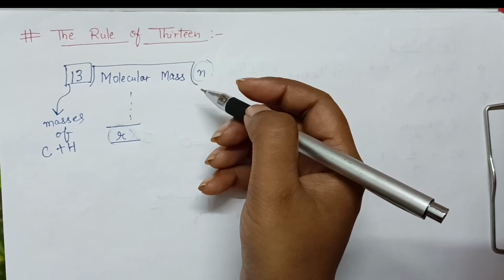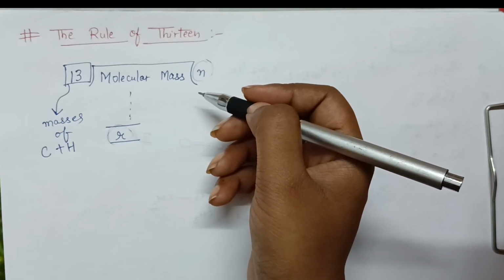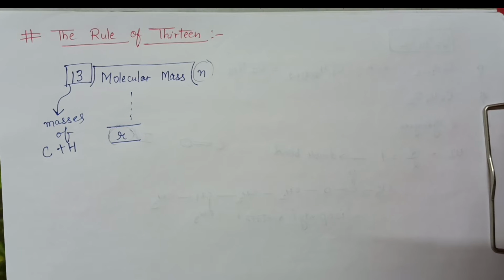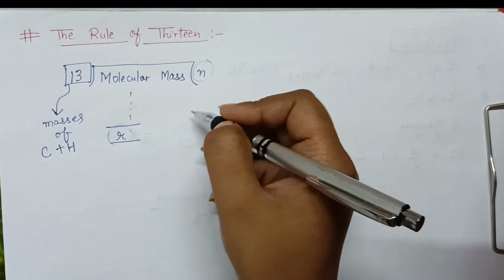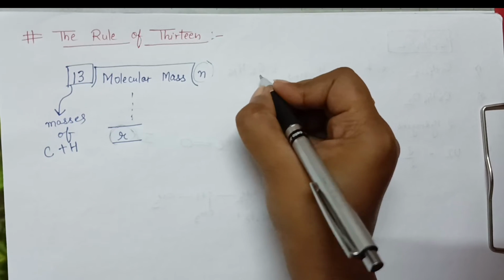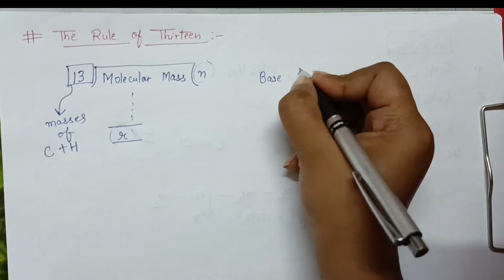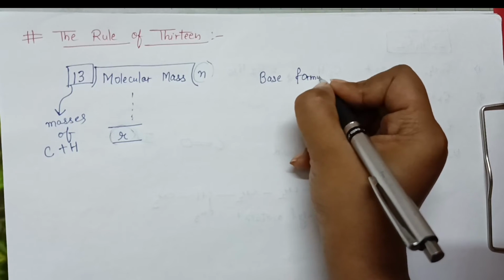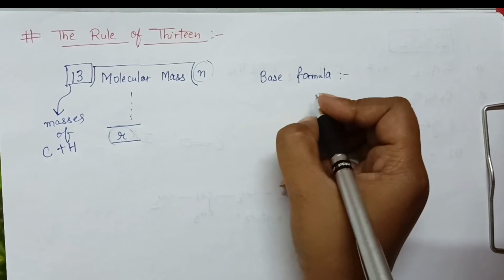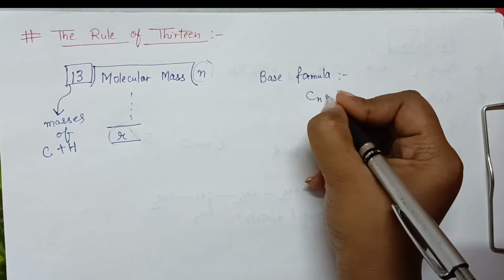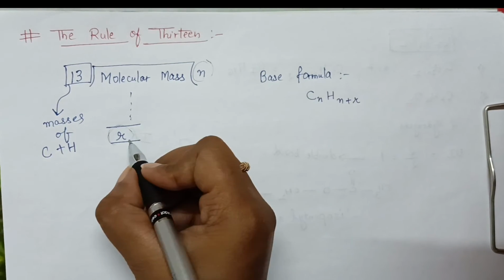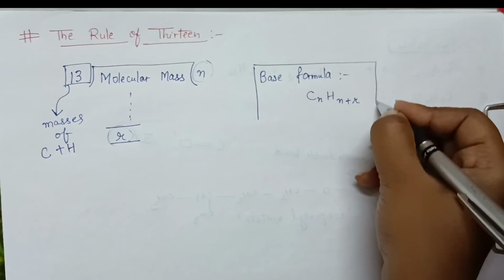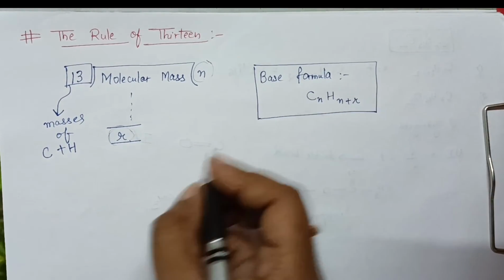So we divide the molecular mass by 13. Now after we are done with the division, we will generate the base formula. The base formula will be CnH(n+r). n is this, r is this. So this will be the base formula.